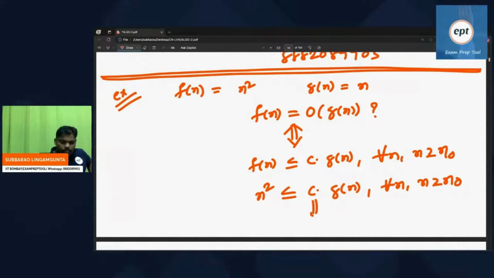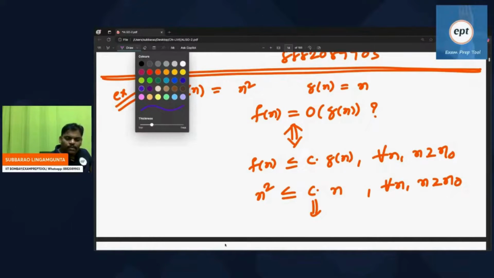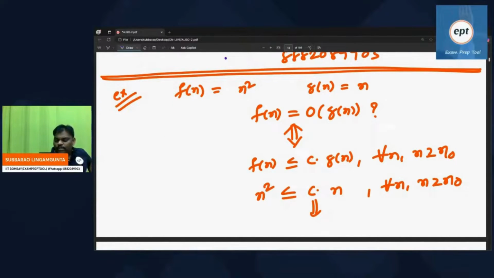Where the c value I can take. But remember, this g(n) is n. This is n square, and this is n. So comparing left and right, the right should be more or equal. Some people are asking, sir, does right should be more or equal also mean you can take n, n square, n cube? Remember, c is a constant. It can help as a constant only. You cannot take functions.